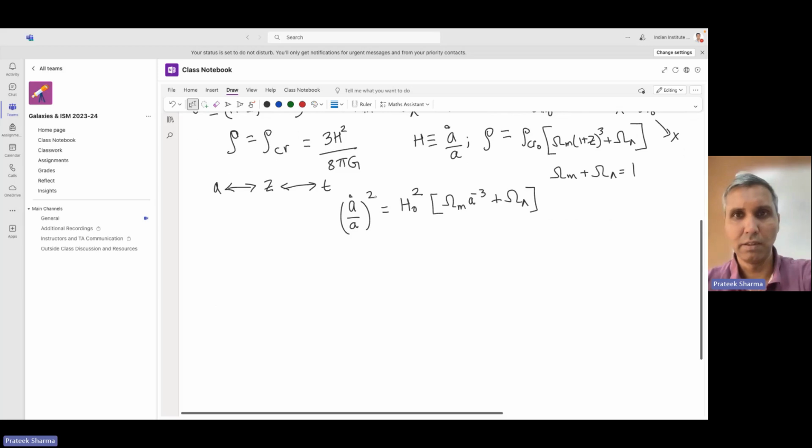So this factor is sometimes written as E(z), the expansion factor. This is just a function of z or a. So a dot by a is equal to H naught E(z) to the 1/2.